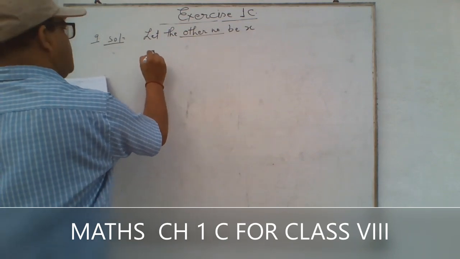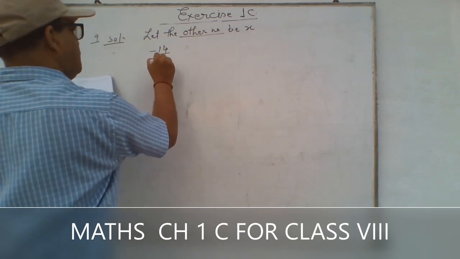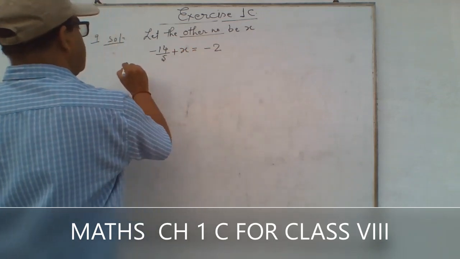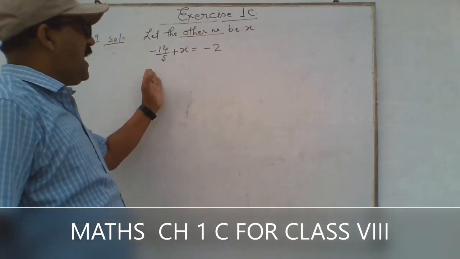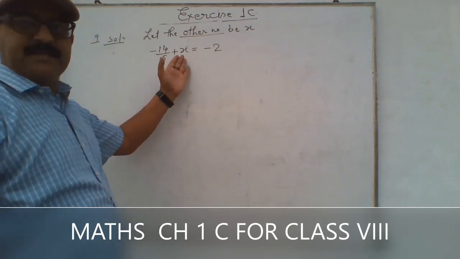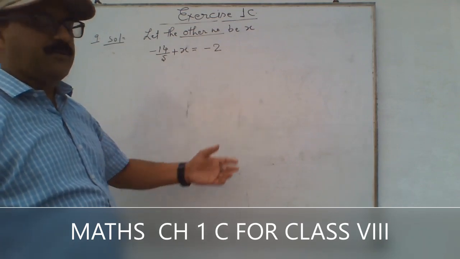The given number is minus 14 by 5 plus x is equal to minus 2. This is our equation, and we can easily solve these questions. Find the value of x, then the value of x is our answer.